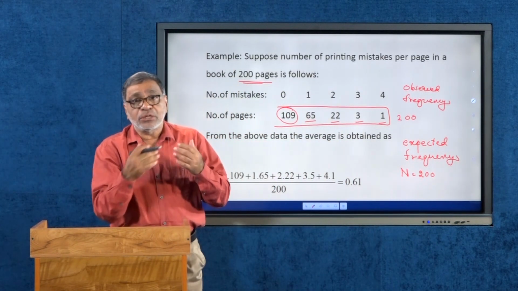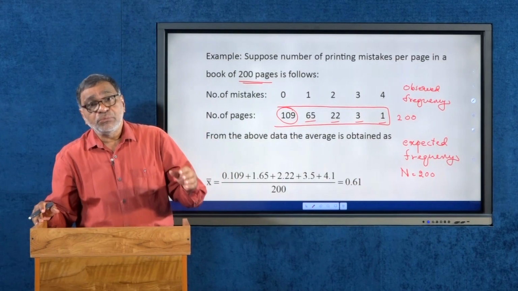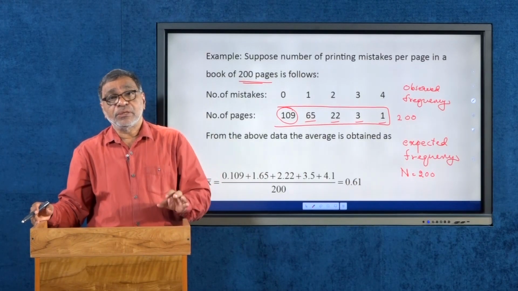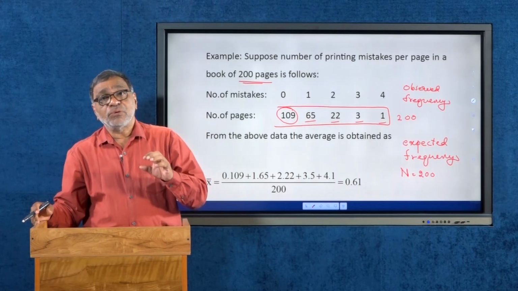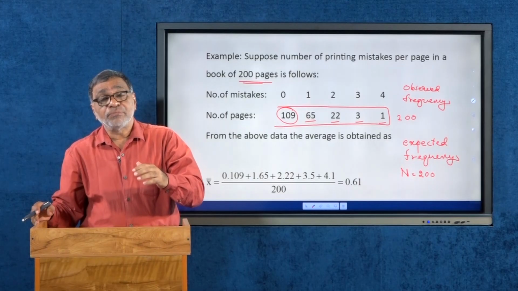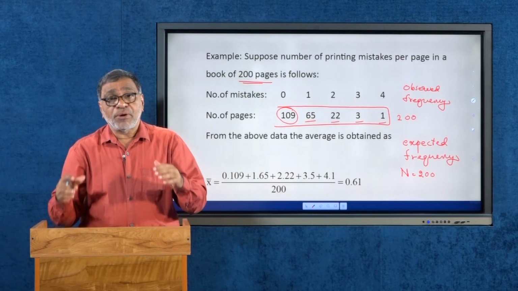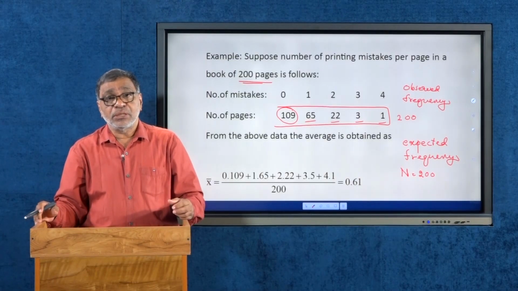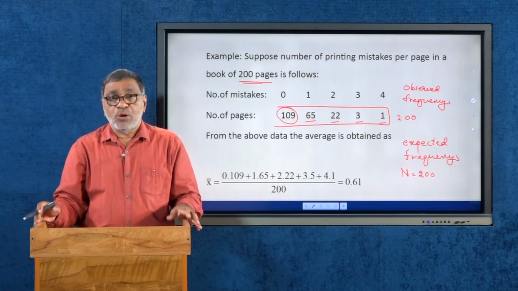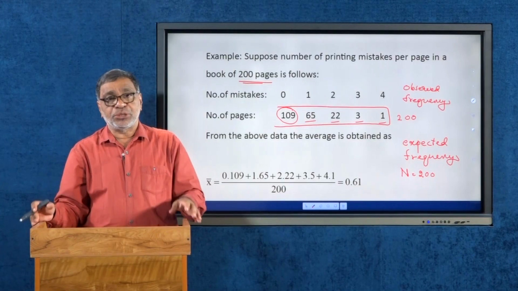Out of these 200 pages, how many pages have no mistake, how many pages have one mistake, how many pages have two mistakes, and how many pages have three printing mistakes, and so on. So we are finding the expected frequencies, and these are the observed frequencies, on the assumption that this model is fitted by a Poisson distribution.